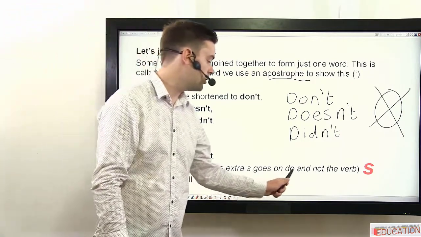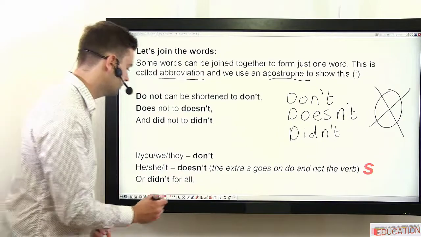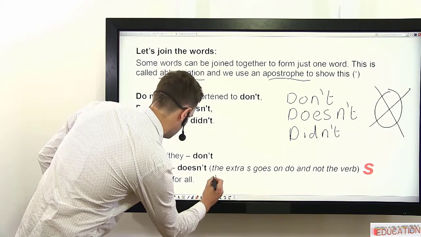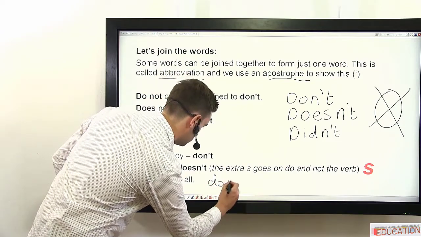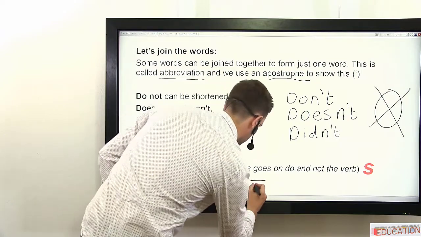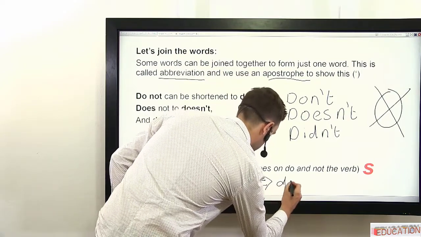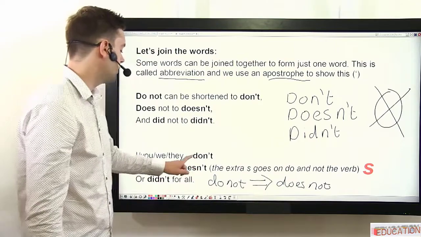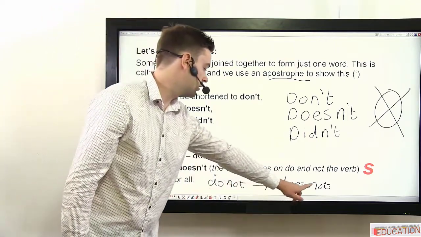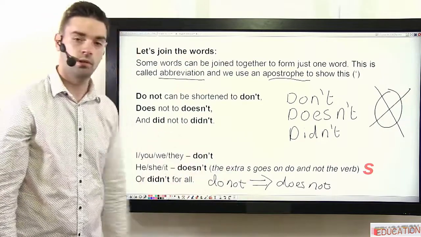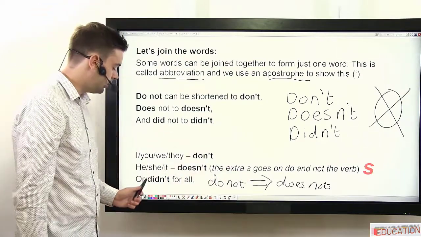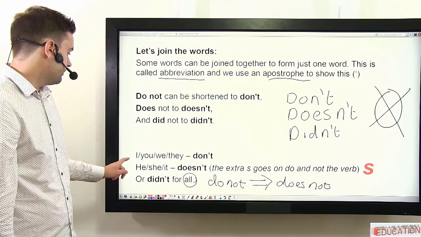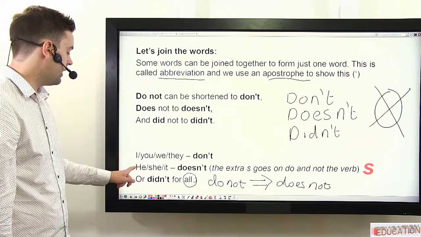The extra S goes on do and not the verb. Or we can use didn't for all subjects. So I, you, we, they, he, she, and it.